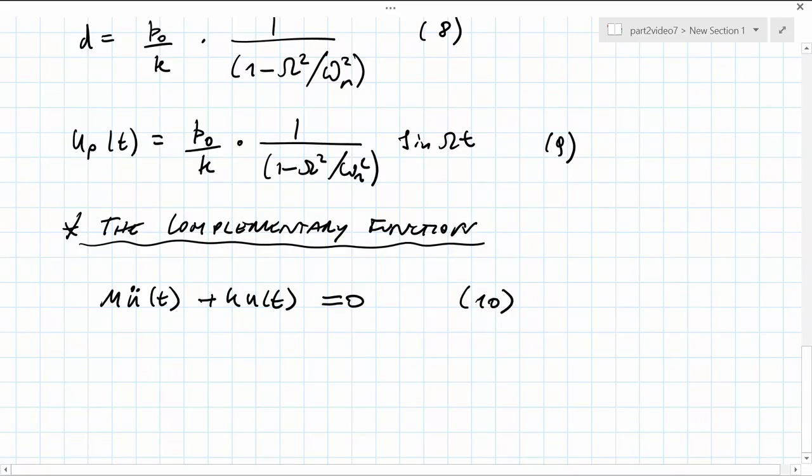We have previously shown then that the solution to this is given by u(t), but this time we're going to put a subscript c on it to denote the complementary function, as being equal to A cosine omega n t plus B sine omega n t.